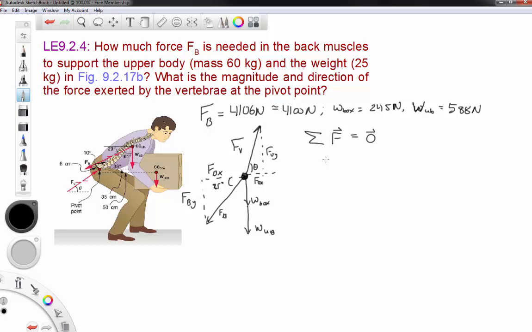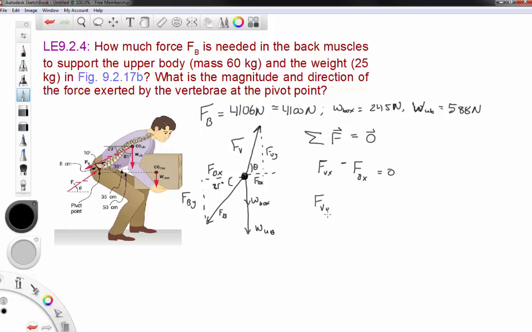And basically we can write that the force in the x direction for the vertebrae minus the force of the box in the x direction should be zero. And similarly, that would be the force in the y direction here, box y, is equal to zero.